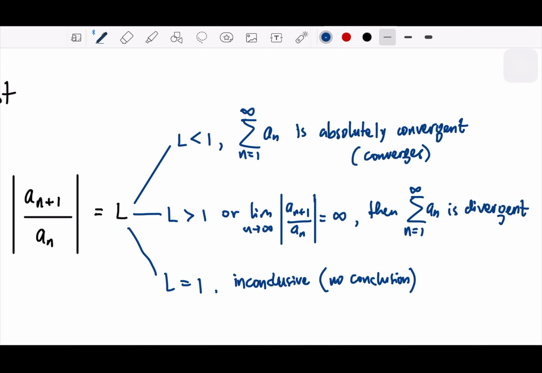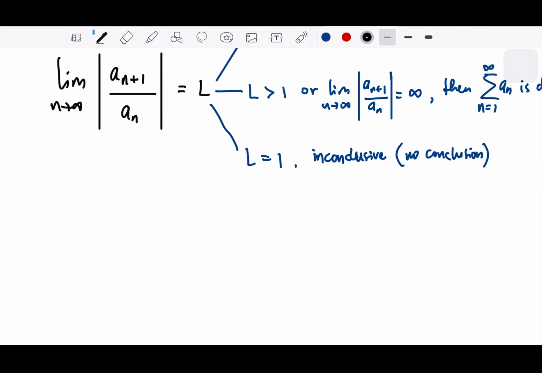So let me apply this ratio test for some applications. Okay, so some examples.